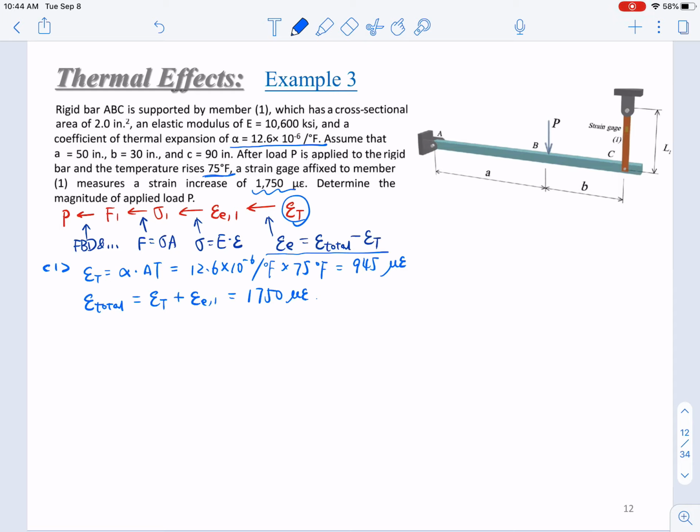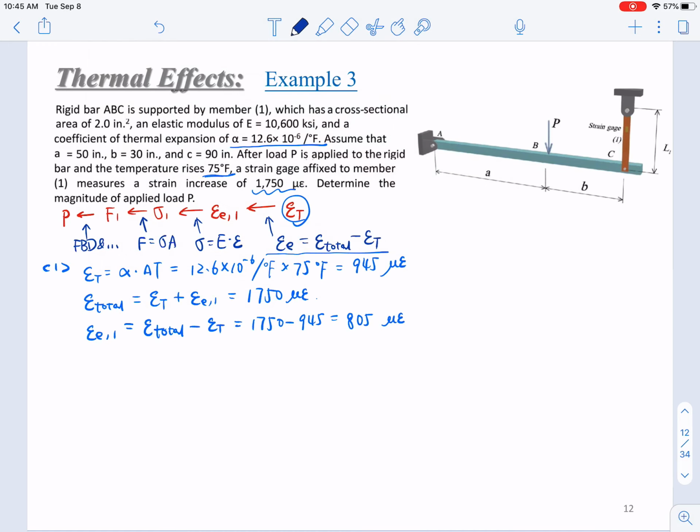So what is the elastic strain? Elastic strain of bar 1 equals total minus the thermal strain. That is 1750 minus 945, and we got 805 microstrain.